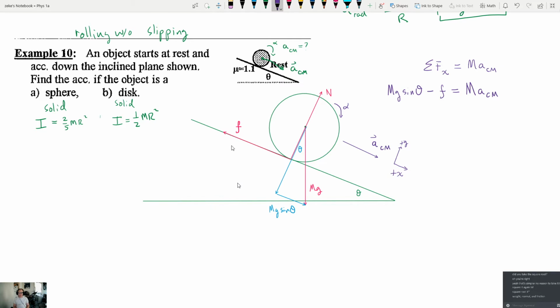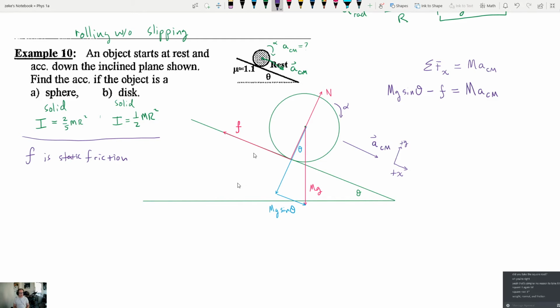Now, something to keep in mind in this problem, as with all of these problems, the friction that's happening here is static friction. Because, I don't know if this is easy to understand, as the object rolls, for a moment the point on the very bottom is at rest, and it rolls off of the surface at that point. It's similar to when you're walking on the ground: when you push off, your foot is at rest for a moment.